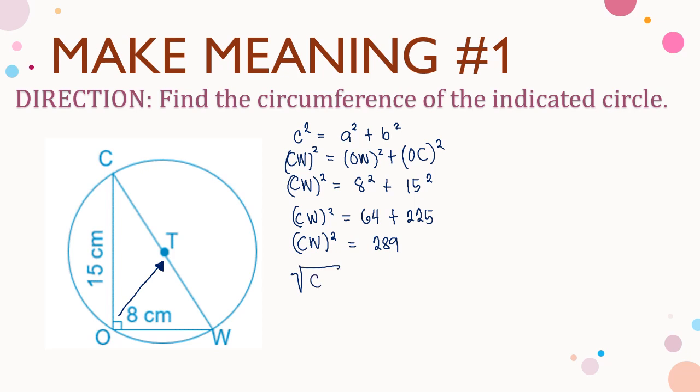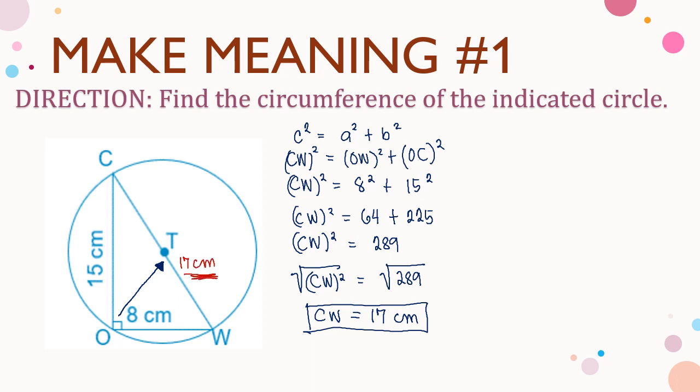We take the square root of both sides of our equation, so CW is equal to 17, and I'm going to write the unit of measurement to make it complete. Therefore, the hypotenuse is 17 centimeters. So this will be our hypotenuse or our diameter.